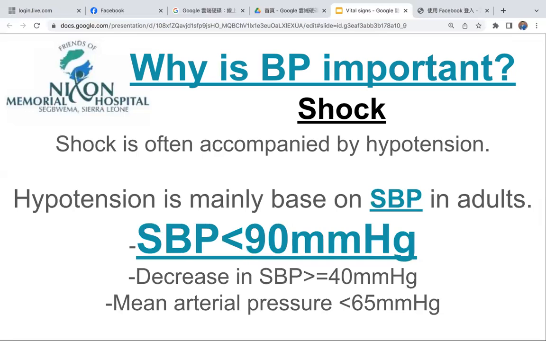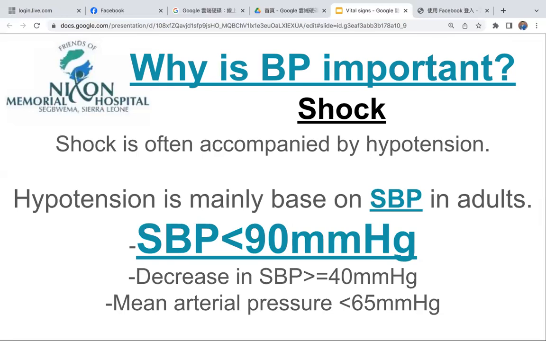If there is a decrease in systolic blood pressure of more than or equal to 40 mmHg compared to the baseline, the patient is also having shock. And then the last criterion is a mean arterial pressure less than 65 mmHg.